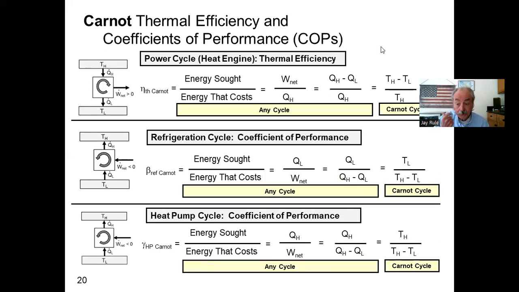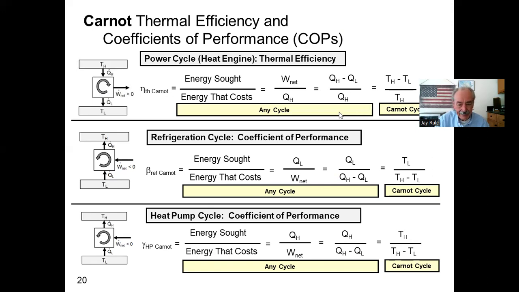It is my hope that you're good at thermal efficiency and coefficients of performance for these three important categories of equipment: power cycles, thermal efficiency. Let's look at all three of these measures of performance and see what they have in common without dissecting the formulas.